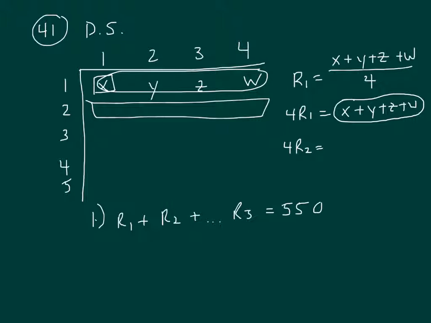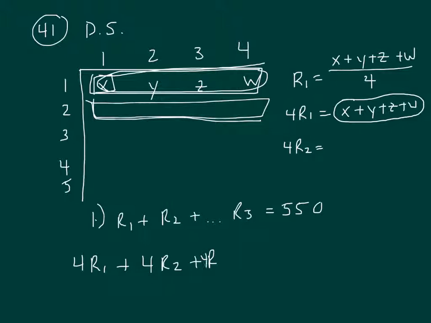So watch. If I want to sum up all of my cells in this, I could take 4 times R1, that's the amount in row 1, plus 4 times R2, that's the amount in row 2, 4 times R3, plus 4 times R4, plus 4 times R5.